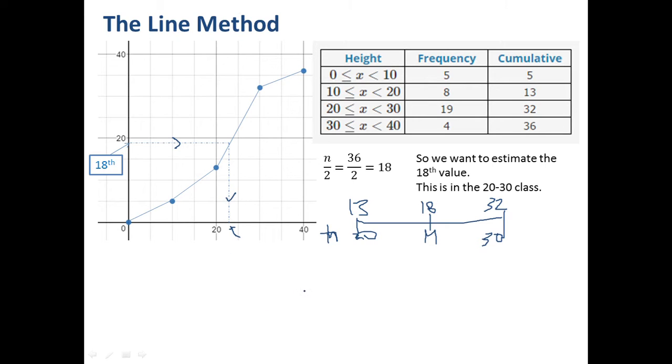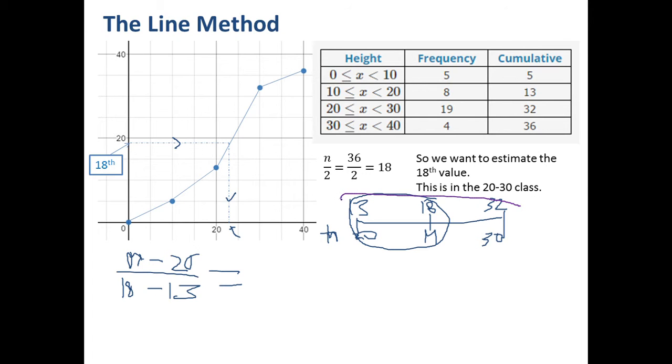Now we've got our line, we just use proportion to get our value. So m minus 20 over 18 minus 13. So at the moment we're using these values, and that is equal to, we now use the whole of the line, we're using the endpoints.